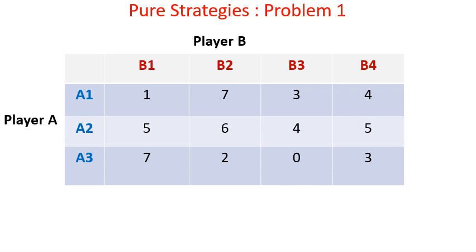So if A exercises strategy A1 and B follows with his or her first strategy B1, then this value of 1 represents the payoff, and this is from the point of view of A.